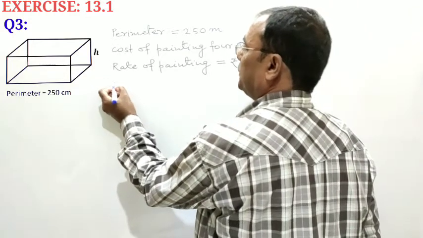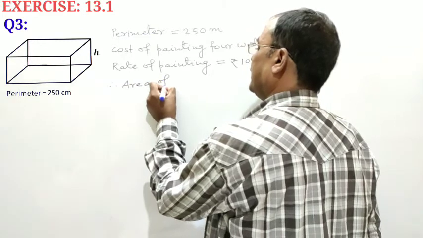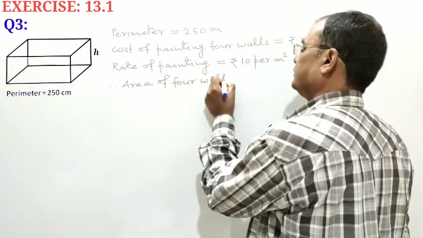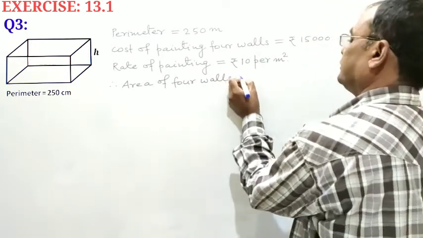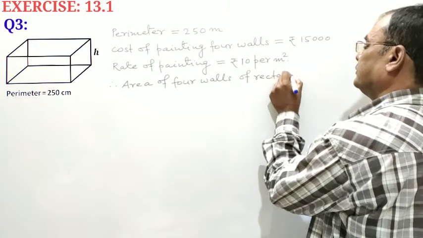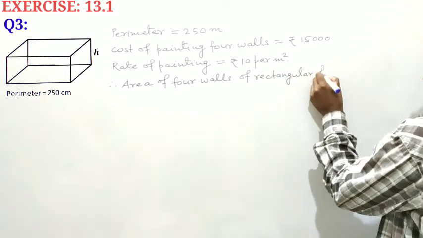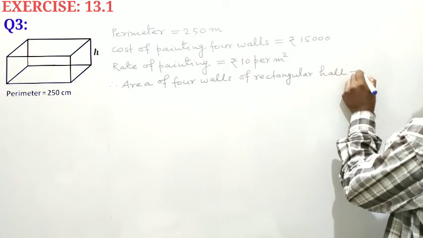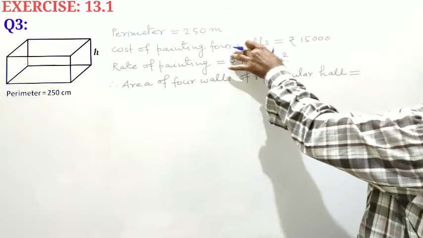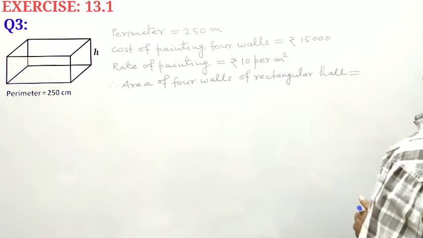So therefore area of four walls of rectangular hall, it will be equal to total cost of painting four walls divided by rate of painting.